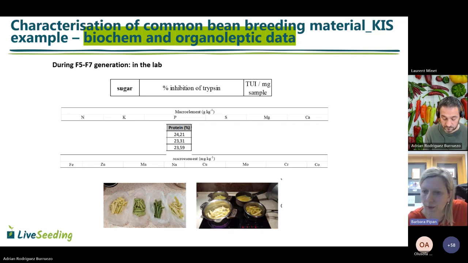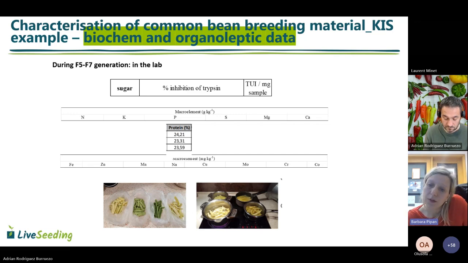Sugars are more important in pods, and the percentage of inhibition of trypsin and trypsin inhibitors content. So there are different biochemical parameters which are also considered for the final selection of our materials.